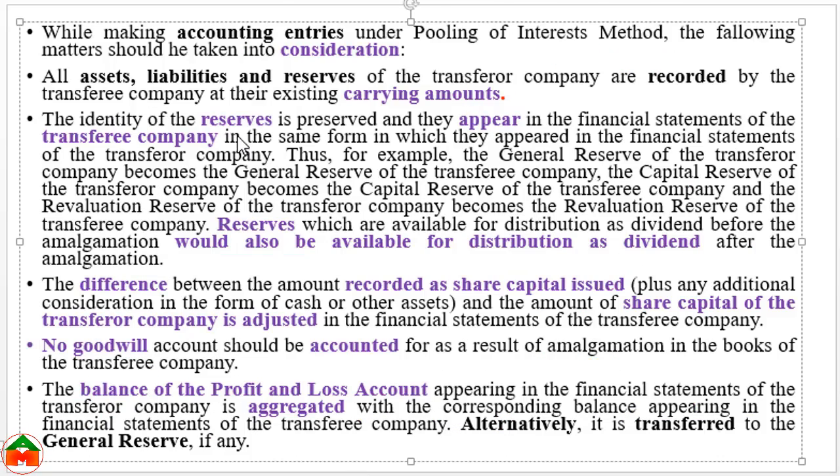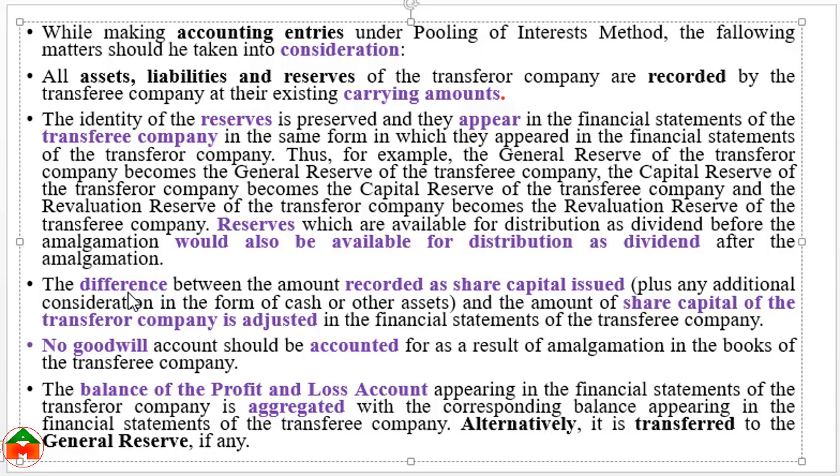This slide is the detailed explanation of the previous slide. In the pooling of interest method, we need to make some considerations. All the assets, liabilities and reserves are carried forward at carrying amounts or book value, and the reserves appear in the transferee company because the reserves will be considered as a source of dividend payment.